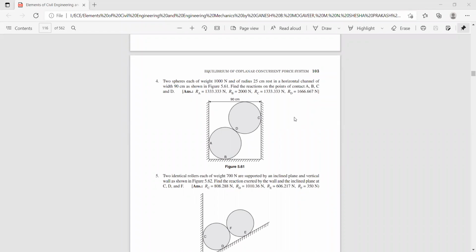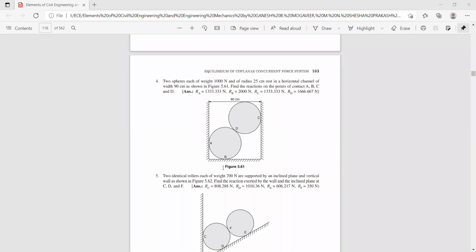That multiplied by cos 36.86, check the answer for RC, whether it is correct. 1355.92.